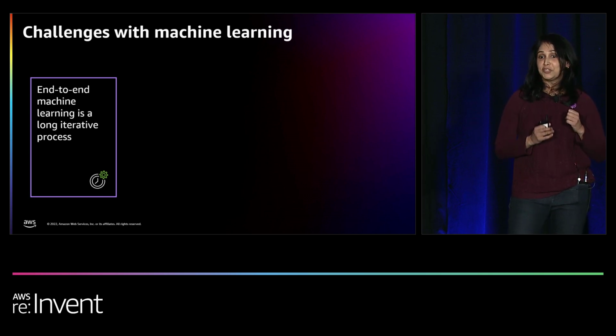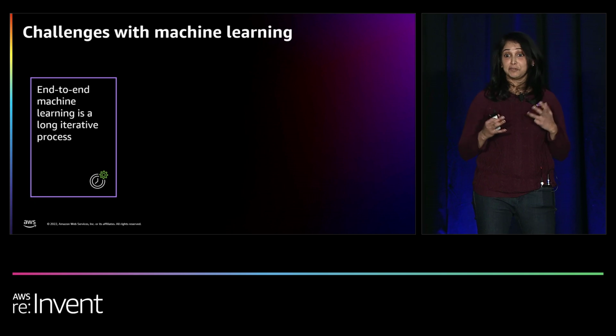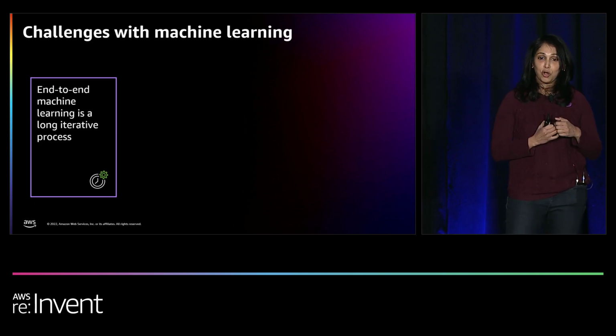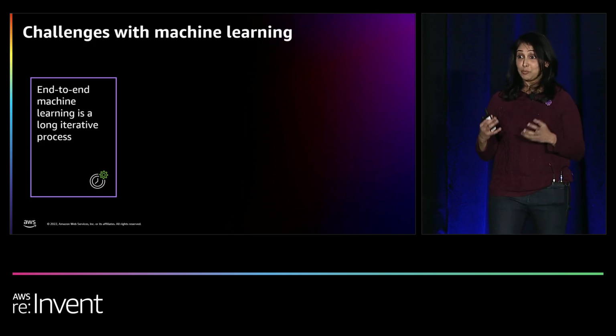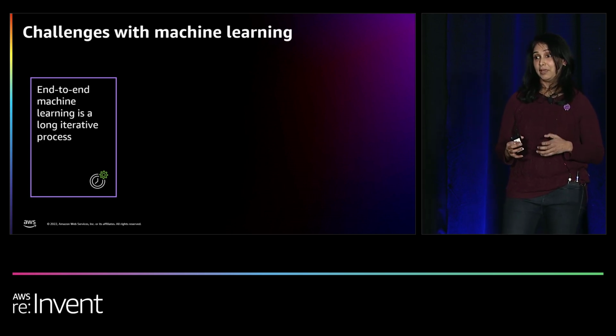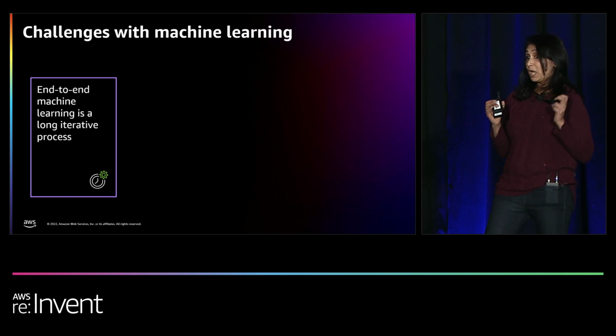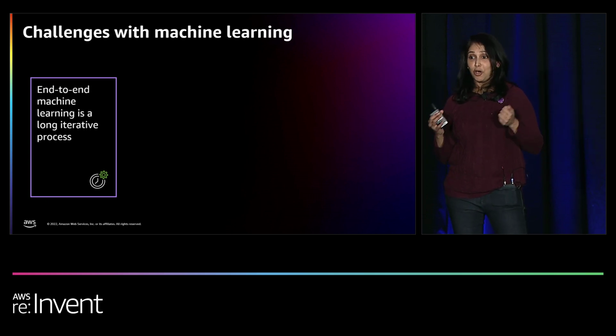Well, then you need to select an algorithm. And there's lots of different algorithms to choose from, so you may experiment with regression models or deep learning, and you select an algorithm for training. Once you've selected your algorithm, you actually need to train the model, and you need to tune it to get the best performance, which means you need to experiment with different data sets, different hyperparameters, and lots of different combinations to get the best performance.